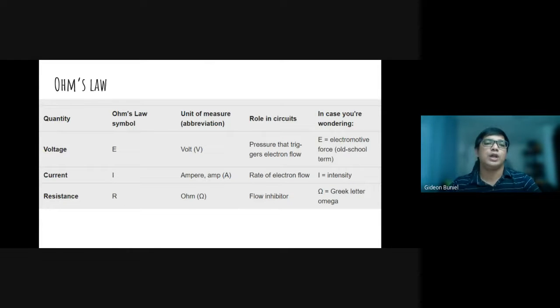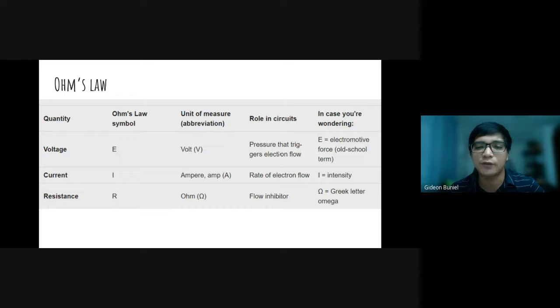For Ohm's law, in this example, voltage is letter E, current is I, and resistance is R. You just have to remember that the unit of measure for voltage is V, the unit of measure for current is A or ampere or amp, and the unit of measure for resistance is the ohm, or this symbol here.